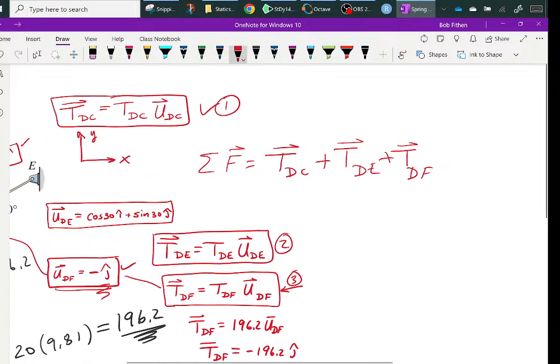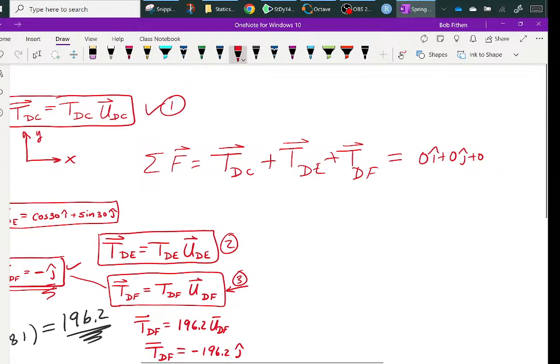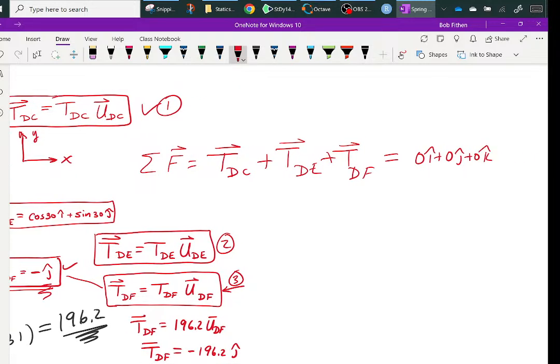What is that equal to? It's supposed to be equal to 0, 0, 0. There are three components here, so technically I should write it like this: 0i plus 0j plus 0k. It's kind of hard to figure out the best way to write this, but that's what it is for the moment.